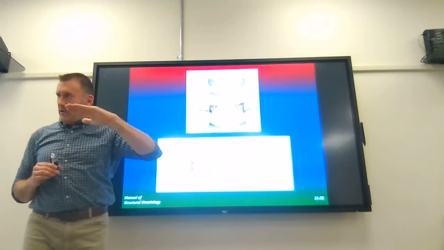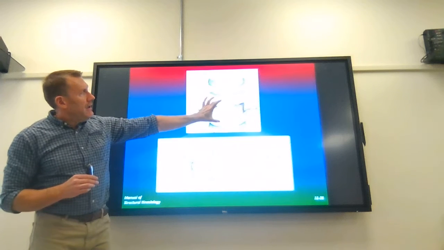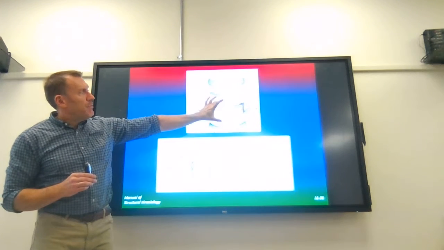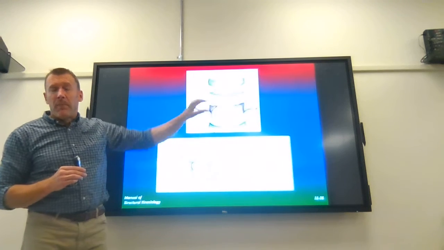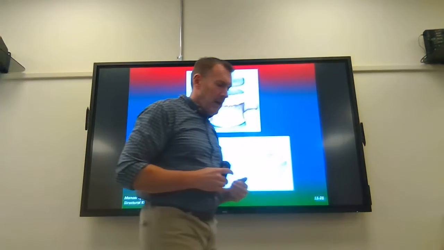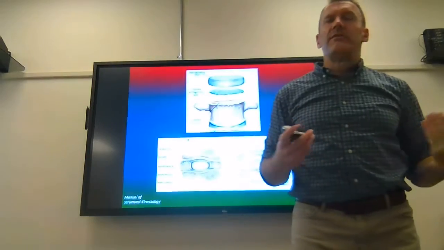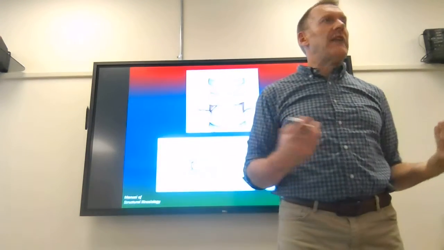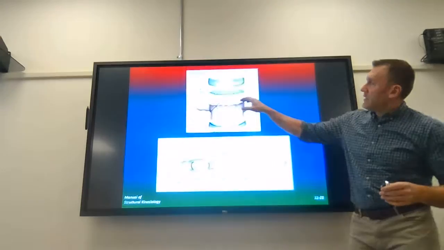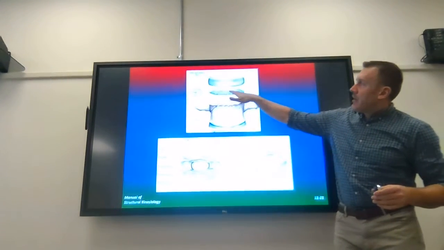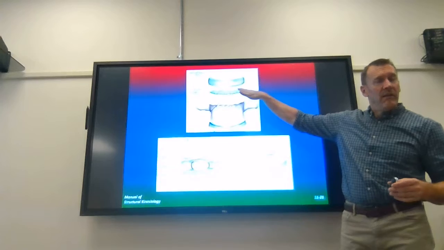And underneath that, we have the body of the vertebrae. Now, people can have what we call compression fractures. How many have heard of a compression fracture? What can happen in that case is we actually get fracture of this end plate.